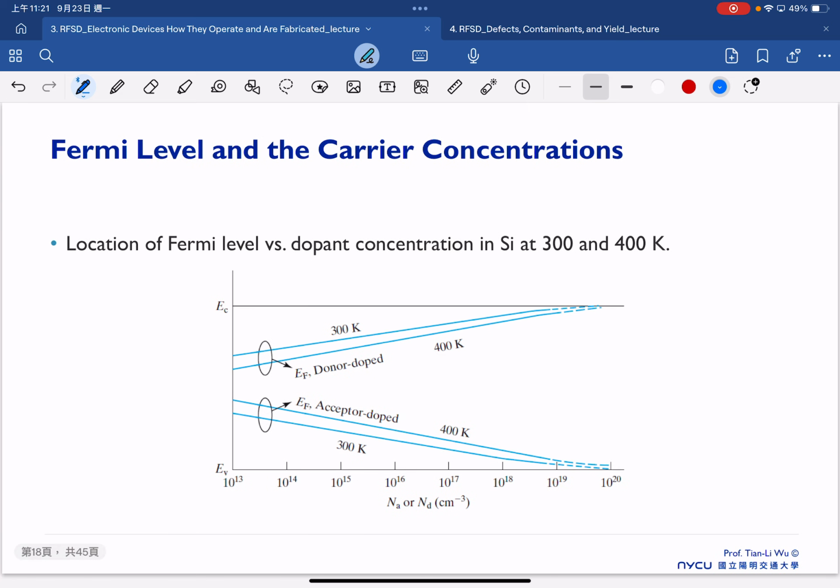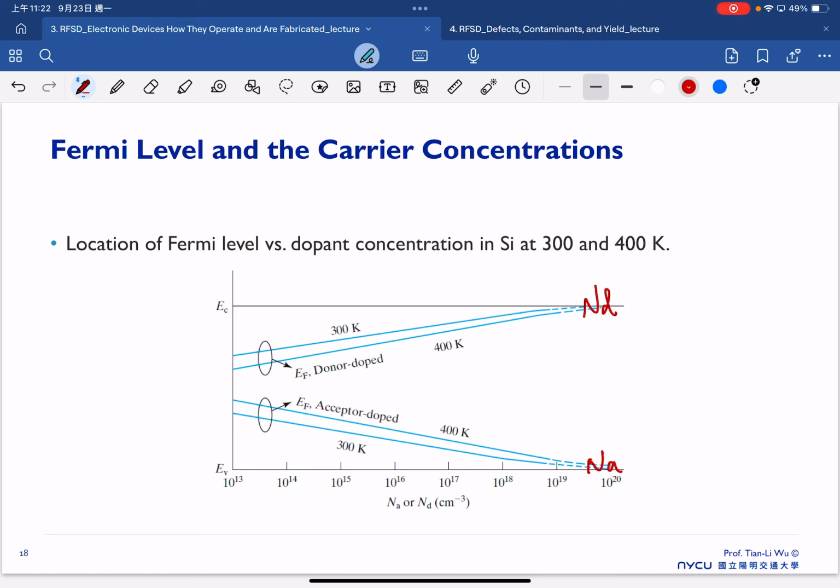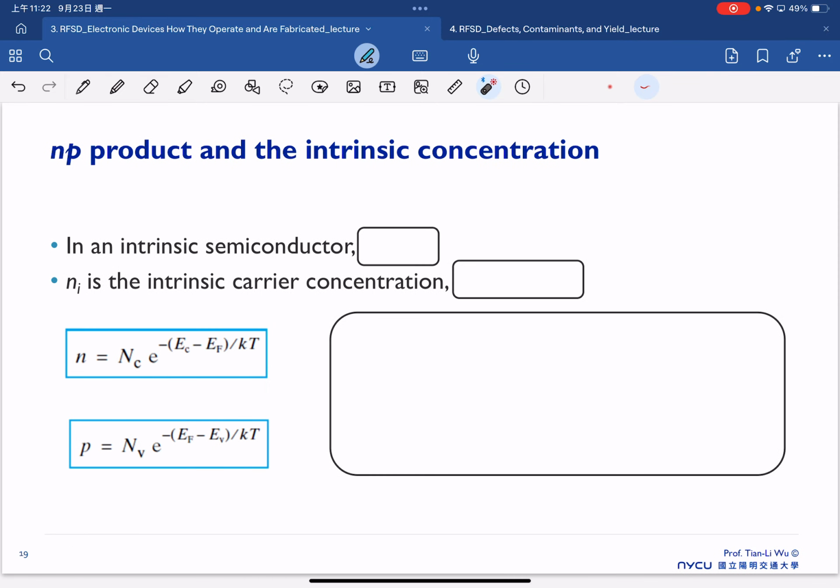And also, this is another plot to show that this is EC, EV, and this is EF. So as you can see, when EF moves close to EC, the concentration is higher. So this is the case for ND and NA. So when EF moves toward the EV, NA becomes higher. There are some additional concepts we will introduce here: the N times P and also the intrinsic concentration.